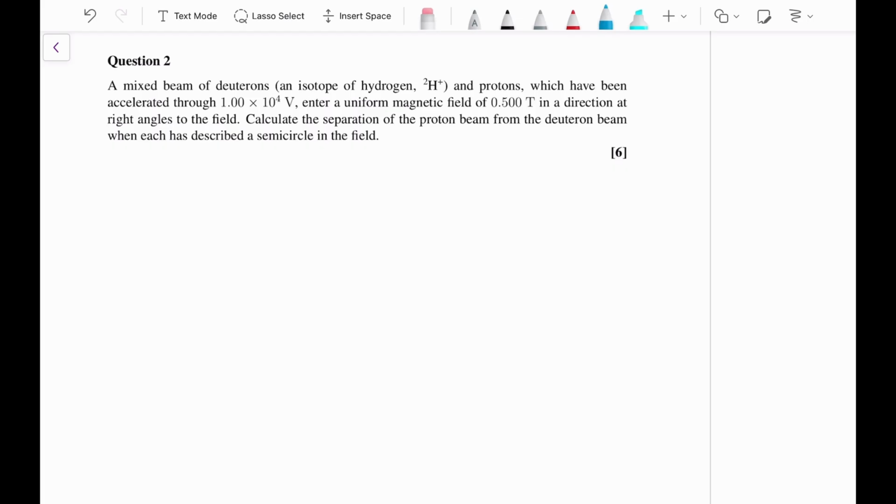So I suppose there must be some kind of circular motion, because it's at right angles to the field, so it won't be, I would say, a helical shape. And then it says to calculate the separation of the proton beam from the deuteron beam, which each has described a semicircle in the field.